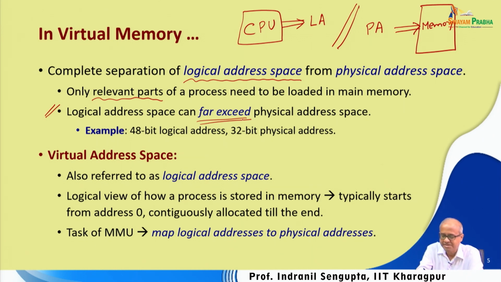Let us say the CPU generates a 48-bit address, which will be the logical address. So, my logical address space will be 2 to the power 48 bytes. But when you are accessing the main memory, it may be addressed by a smaller number of address lines, let us say 32 bits. If you have a 32-bit physical address, then your physical address space will be 2 to the power 32. Obviously, 2 to the power 48 is much greater than 2 to the power 32.